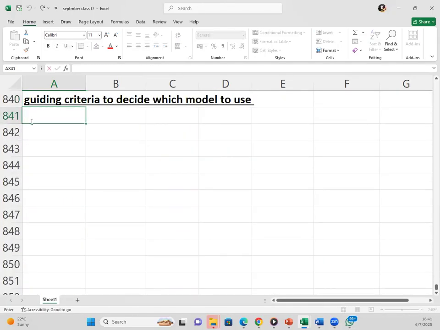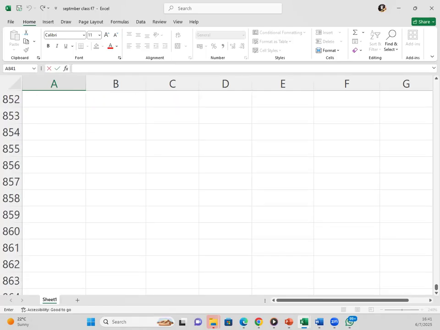If the question is silent, how do you deal with it? The question just told you we bought these assets, but we have not been told whether they are classified as through OCI or through profit and loss. So what is the guiding criteria? What can we use to then decide?